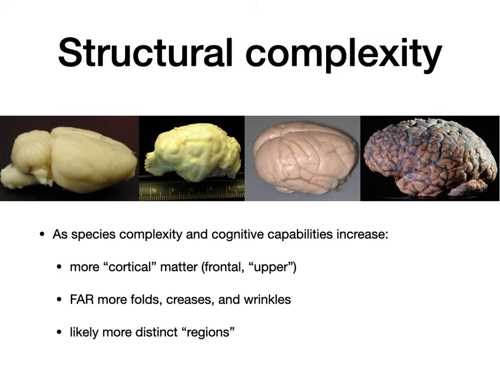As the complexity of your species goes up and your cognitive capabilities increase, you have more cortical matter, the top level stuff, the things that are doing more abstract informational processes, more complex social analysis. The idea is that causes a lot more folds and creases and wrinkles, because you have more neurons.